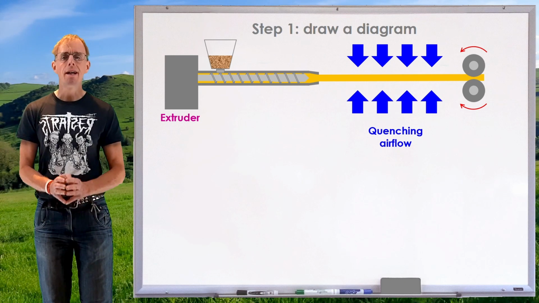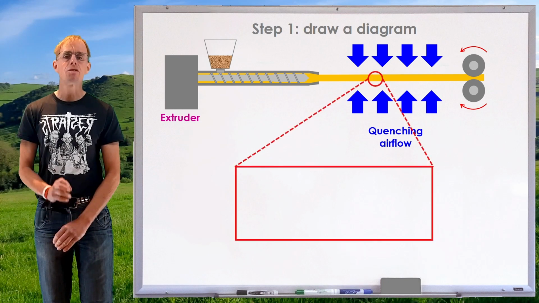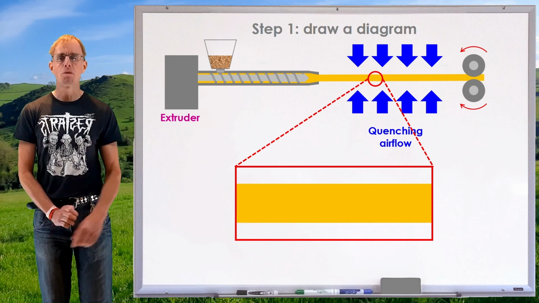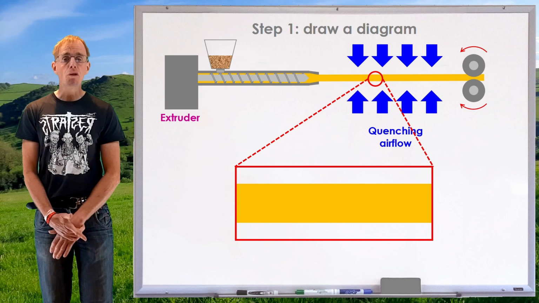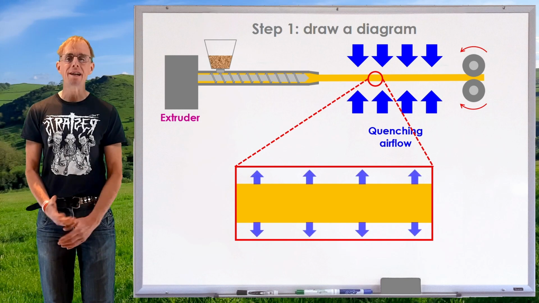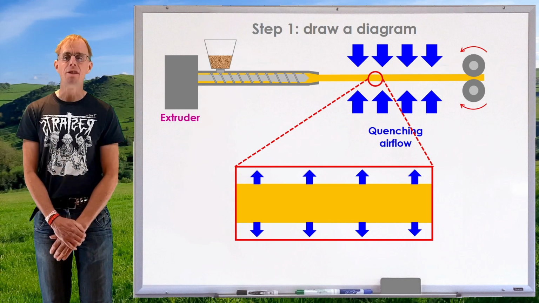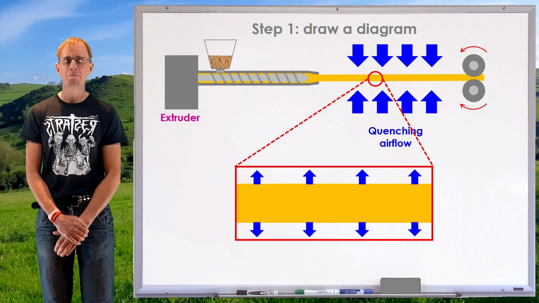All right, so let's focus on a section of our extrudate and let's figure out where the heat transfer is going on. So there in the red box is a cartoon of my extrudate, and I've got a quenching airflow. So convective heat loss is likely to be the way that heat leaves the extrudate. Fine. Okay, so that's the convective heat loss there in blue arrows.